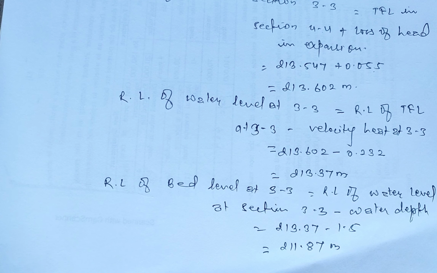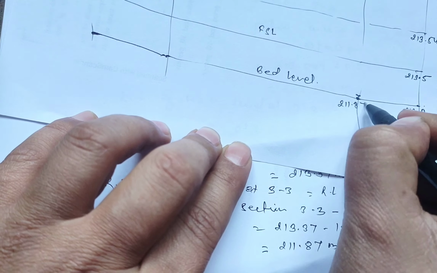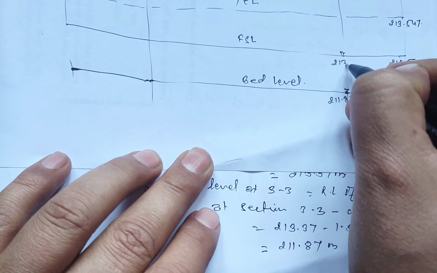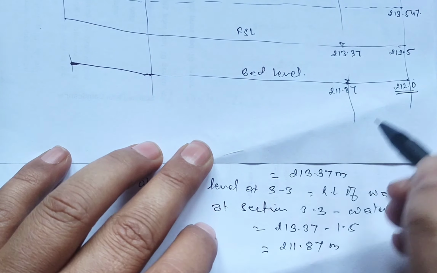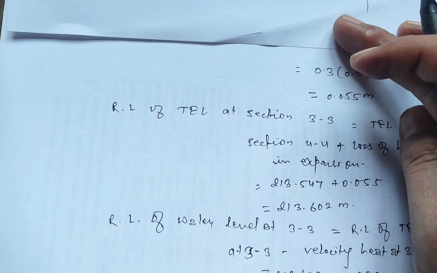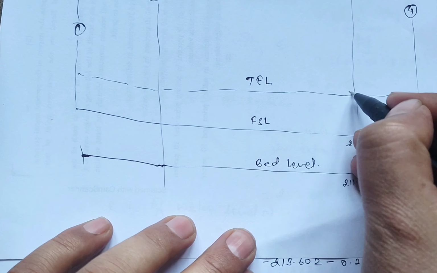So this value 211.87 is the value at this point, and this 213.37 is the value at this point, and the total energy line level is 213.602.